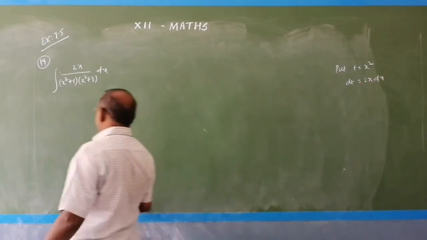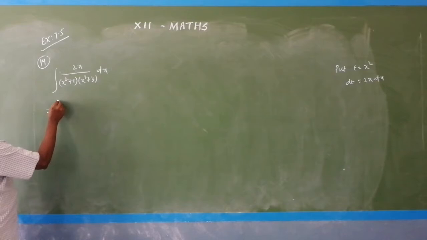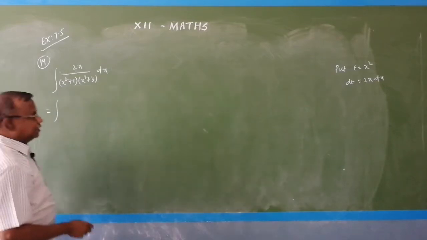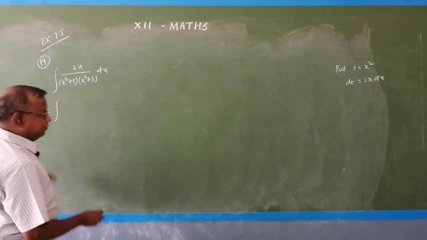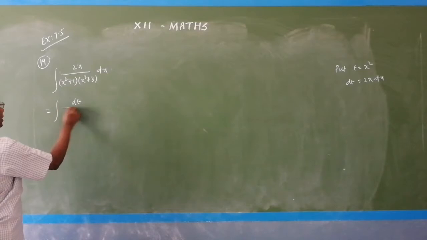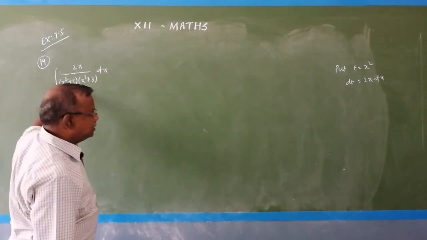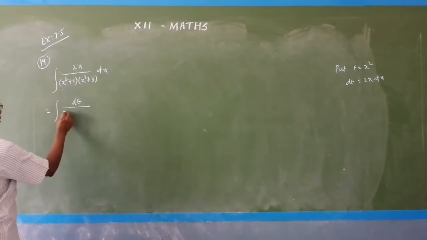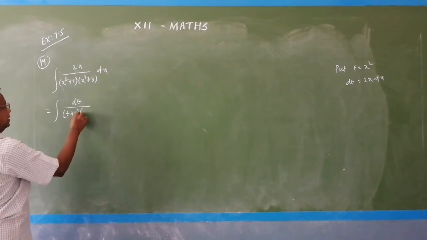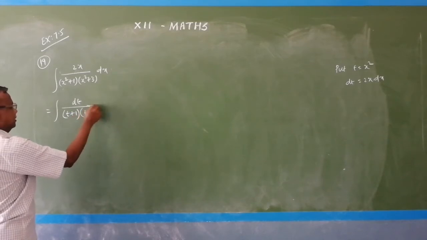Now, the integral can be expressed in the form of 2x dx means dt, divided by x square plus 1, which means t plus 1, into t plus 3.